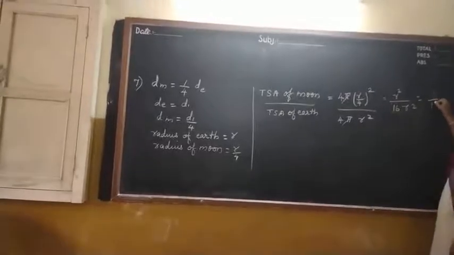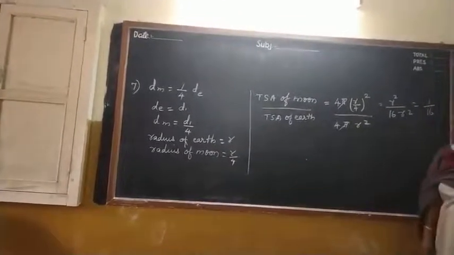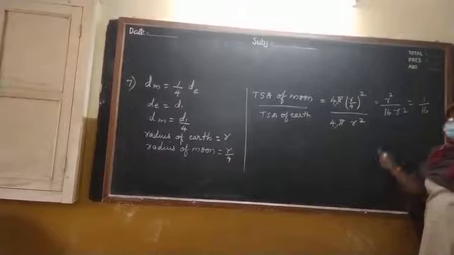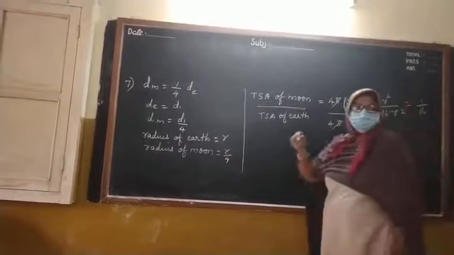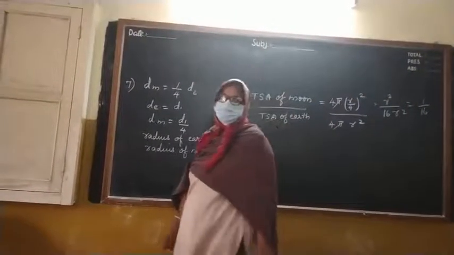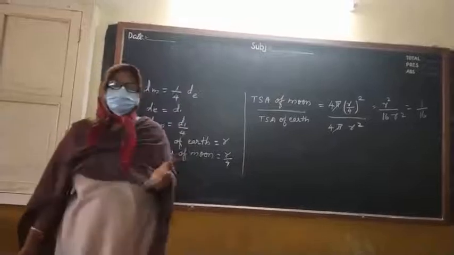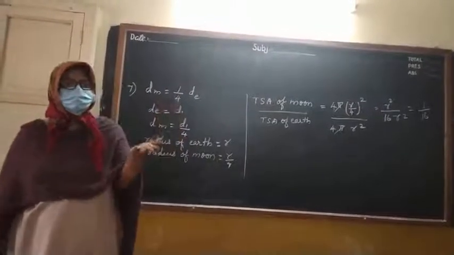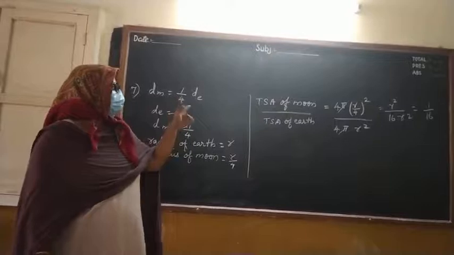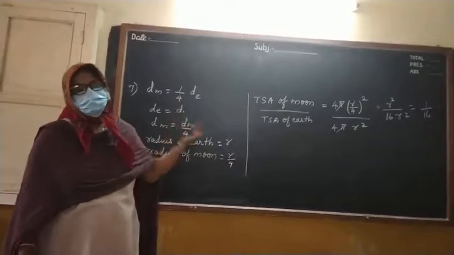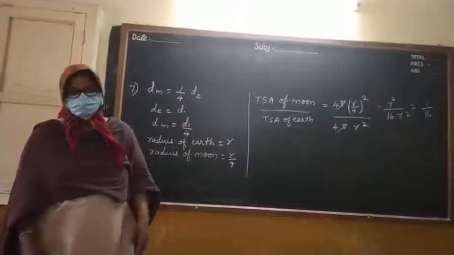What will be the ratio? 1 by 16. Moon by earth is 1 by 16, and earth by moon is 16 by 1.